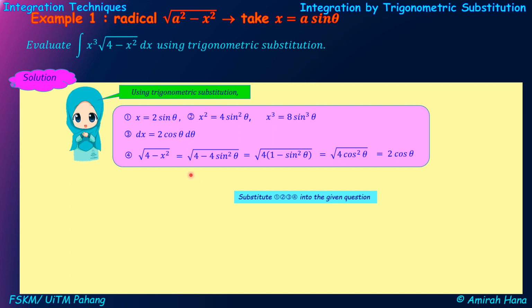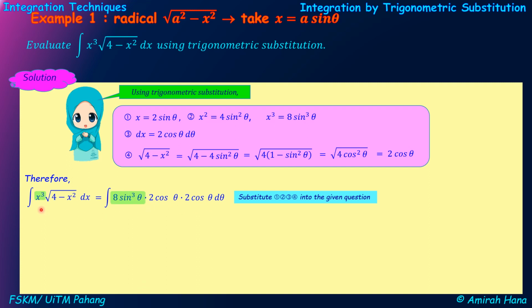Right, after that, we need to substitute steps 1, 2, 3, and 4 into the given question, right? So from the given question, x cubed times square root of 4 minus x squared dx, we substitute steps 1, 2, 3, and 4, and we write in terms of variable theta and d theta. Okay, so we get this.